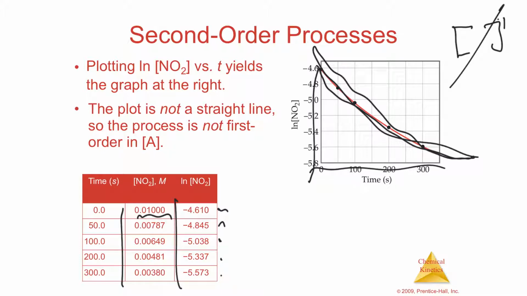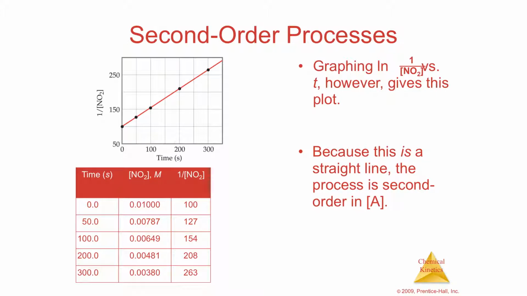So if I graph the log of the concentration over time and get some kind of a curve, it's not first order. So my guess is either it's going to be 0 order or second order, and I would guess second order first. We'll look at that. So what was my second one? If I graph the natural log of the concentration over time and get a straight line, that's first order. How did I get second order? I graphed 1 over the concentration per unit of time.